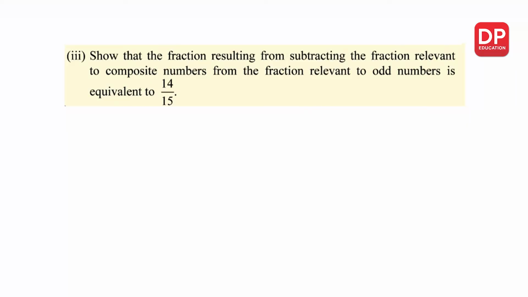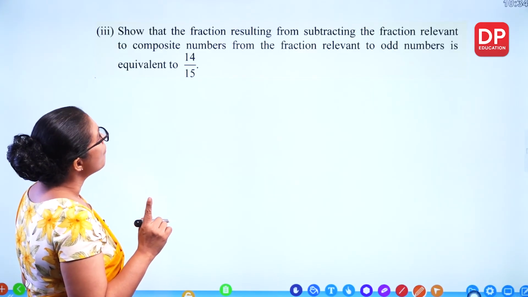Show that the fraction resulting from subtracting the fraction relevant to the composite numbers from the fraction relevant to the odd numbers is equivalent to 14 over 15.